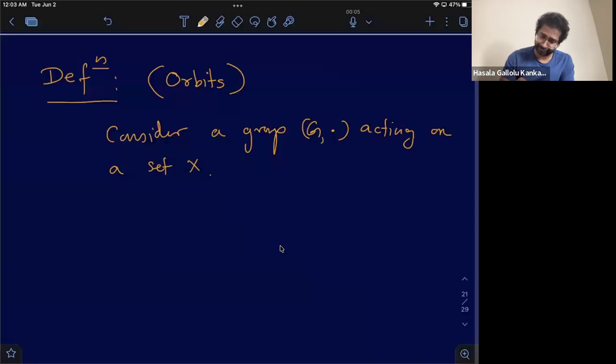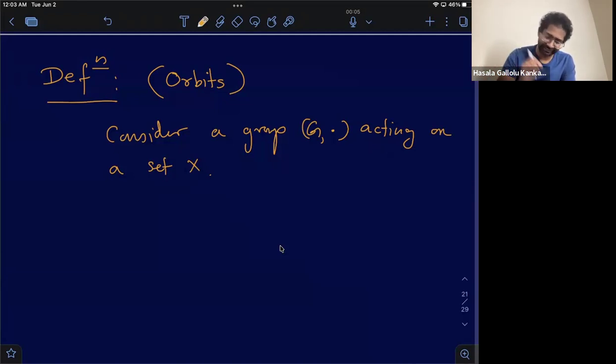I assume that fact when I say there is a group with this action. Now, since we are already familiar with this star operation to indicate the action of a group element on a set, I will use that.